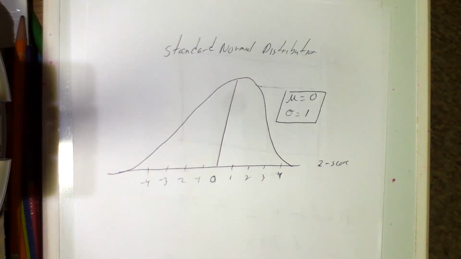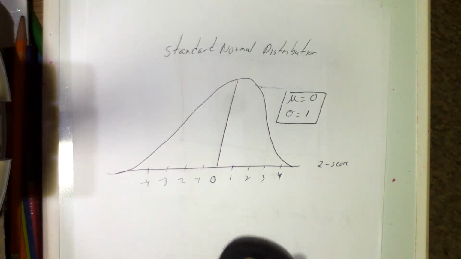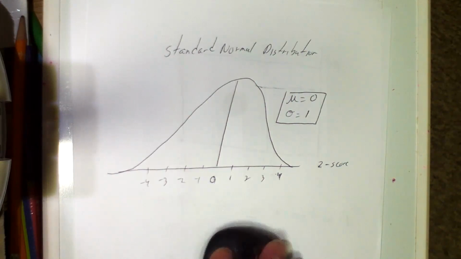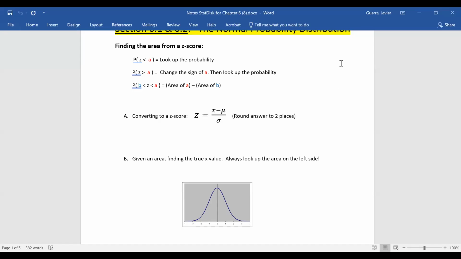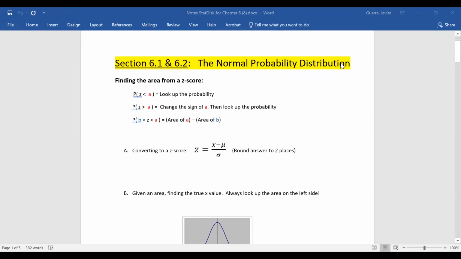It'll show you how to read the values from that table and figure out the areas. The handout that I provided on our modules under StatDisk notes has the instructions on how to do it manually and how to do it with StatDisk.